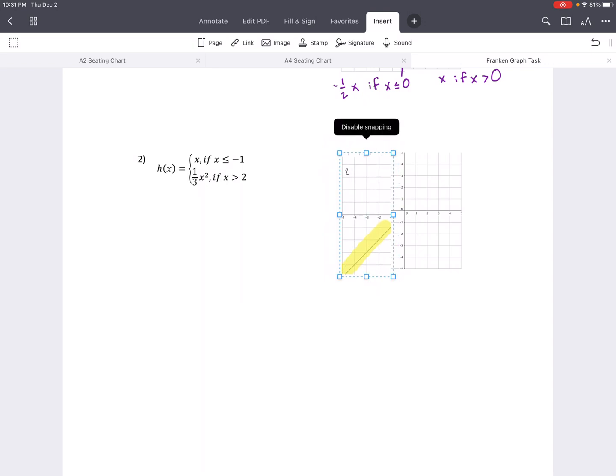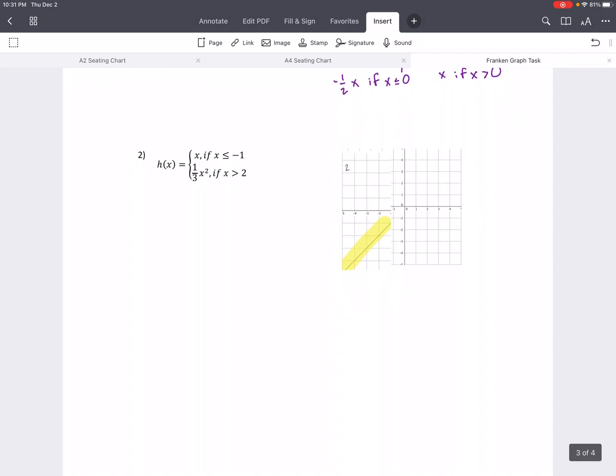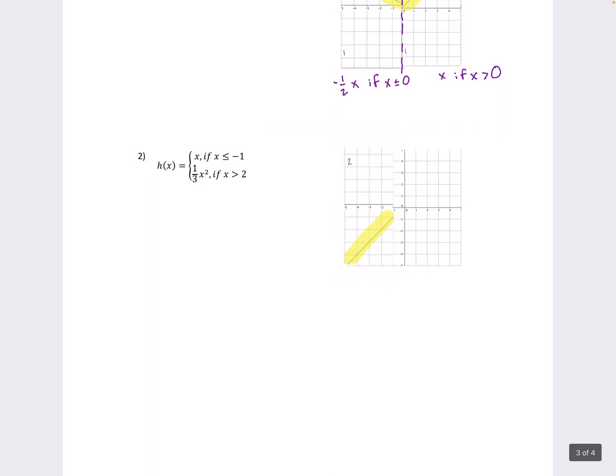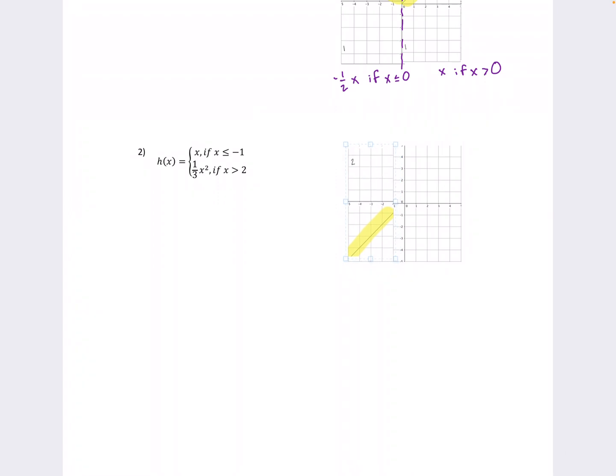Resize that ever so slightly so it actually fits on here. You get the point, hopefully. It's not perfect, but neither is life, and that's okay. I just want to move this around, for heaven's sakes. That's as best as I can do. Maybe. Haha, got it.